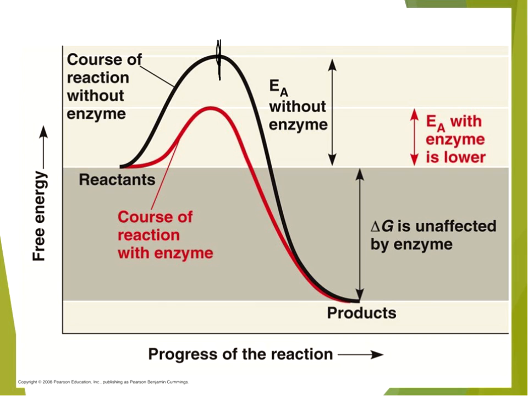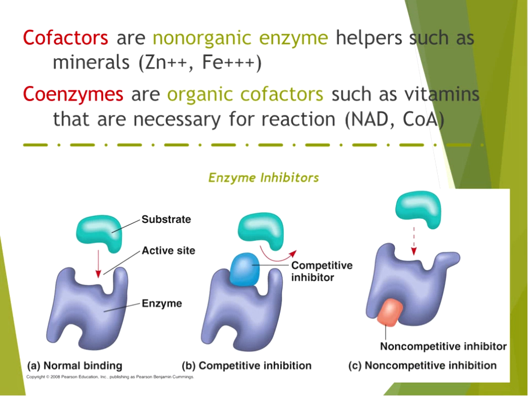Whereas with the enzyme added, it brings that amount of energy necessary down by quite a bit. Okay, almost decreases it in this particular example by half. And so it still results in the same ending, the same products, but is able to be done with less energy used, so therefore it happens much quicker.